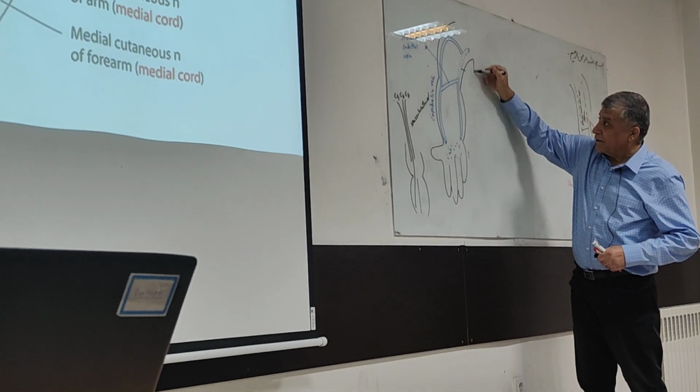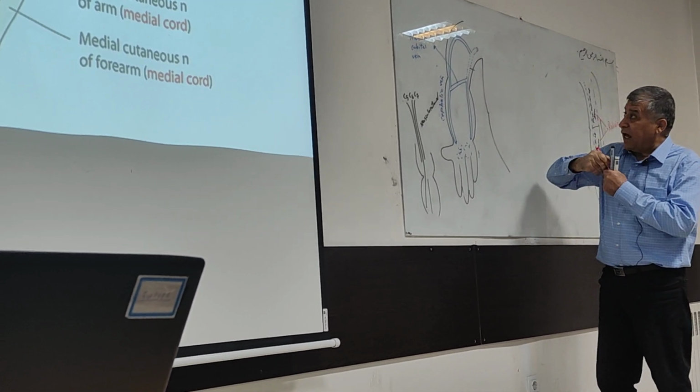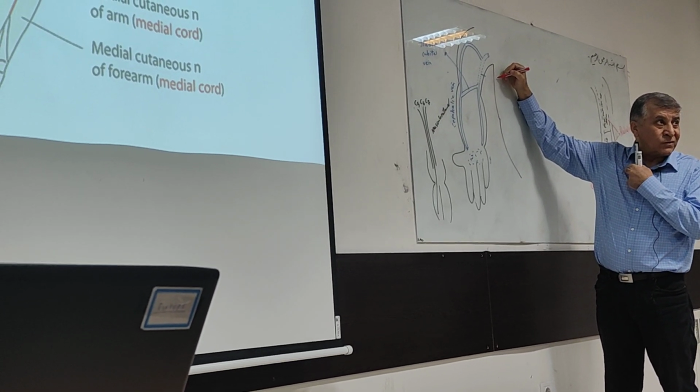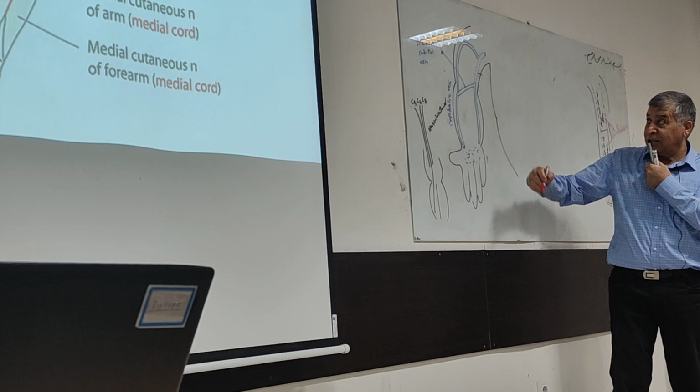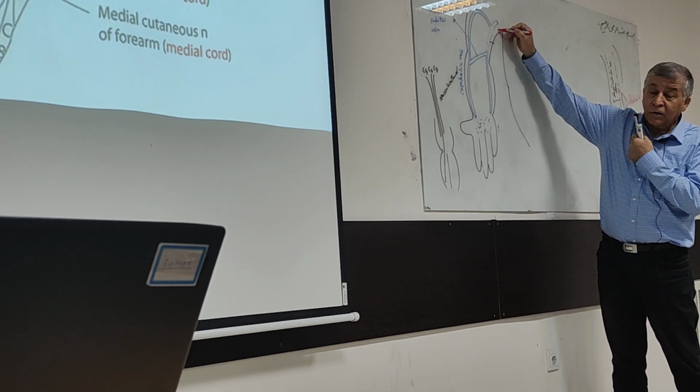This one is trunk. A nerve from the second intercostal space connects to the armpit.